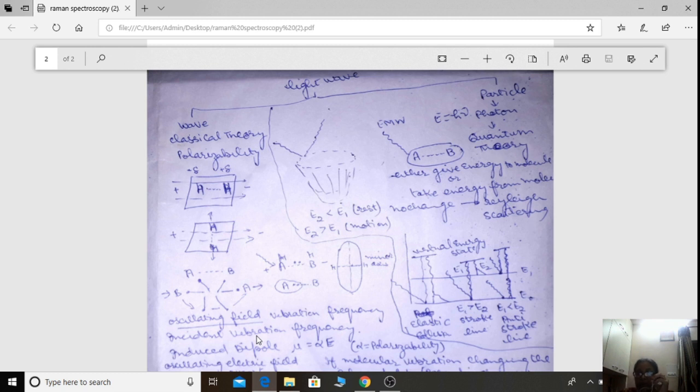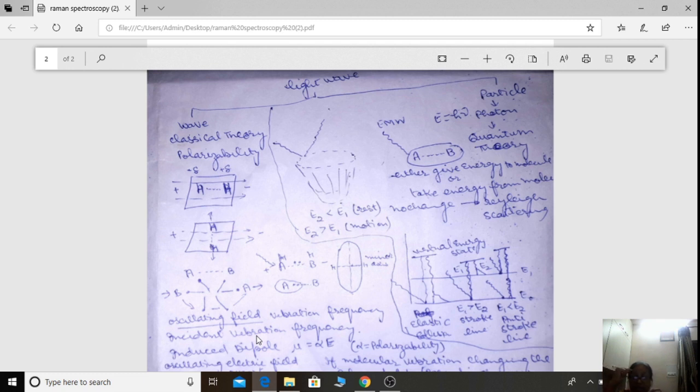Now suppose there is a molecule which already has some energy, that is in the energy state E1. When electromagnetic radiation strikes this molecule, it will go to the higher energy state and then come back to the lowest energy state, that is the ground state.